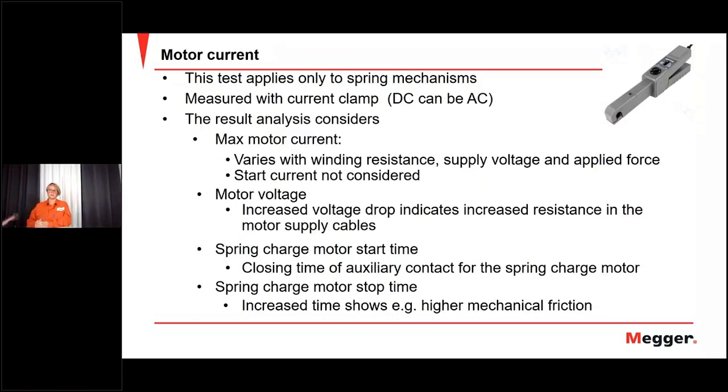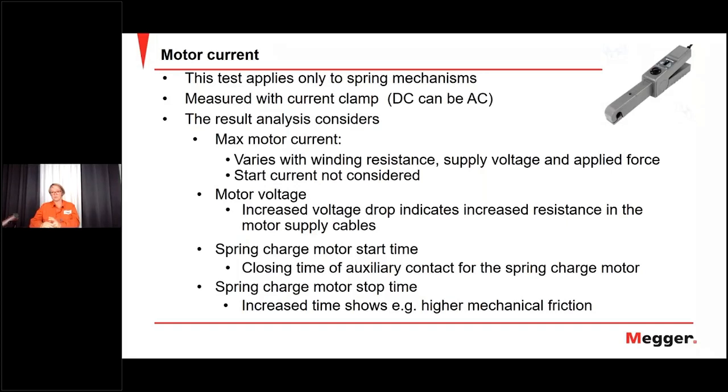Motor current, yeah, this is only measured, of course, when you have a spring mechanism. So you measure this with the current clamp, and you look at different changes. You look at the max motor current, and this varies with winding resistance, the supply, and applied voltage. And the start current is not what we're looking at, but more the continuous data.